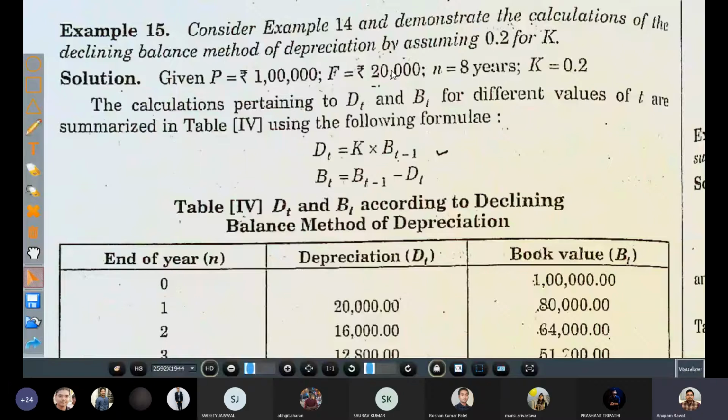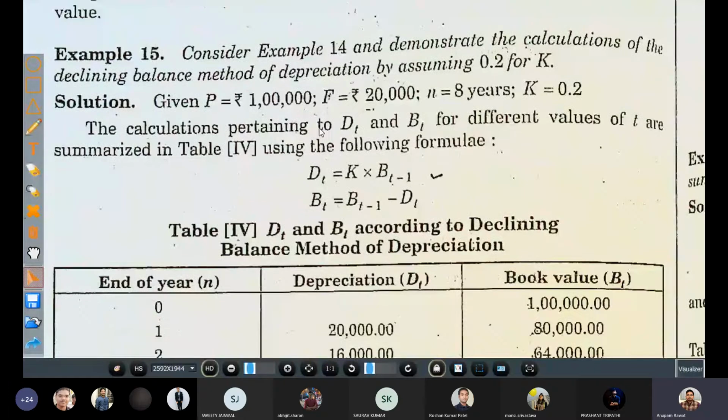The number of periods is 8 years, and the constant is 0.2. We calculate DT and BT for different years. The formulas we have seen are DT equals K into BT minus 1, and BT equals BT minus 1 minus DT.